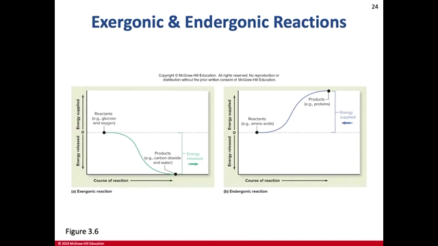You can see the difference between the two, right? In an exergonic reaction, the reactants have a lot of energy associated with them, and at the end of the reaction, the products have very little, right? And so energy got released from going from reactants to products, whereas over here, reactants have very little energy, and energy gets supplied in order to get to the energy content of the product.